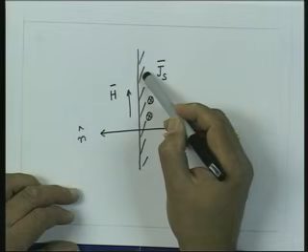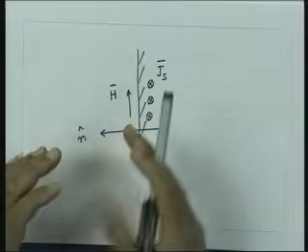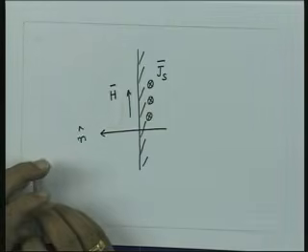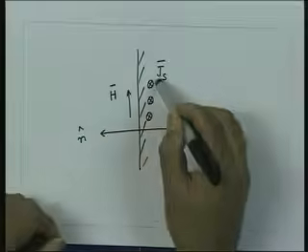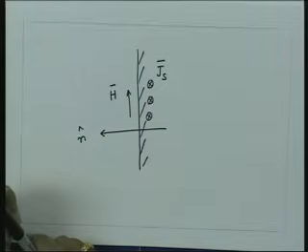So, when the conductivity is infinite, one may visualize that at some instant of time some electric field induced motion of these charges, and they then keep moving, which is essentially the surface current. This is balanced by the magnetic field, and n cross H gives you the surface current density.